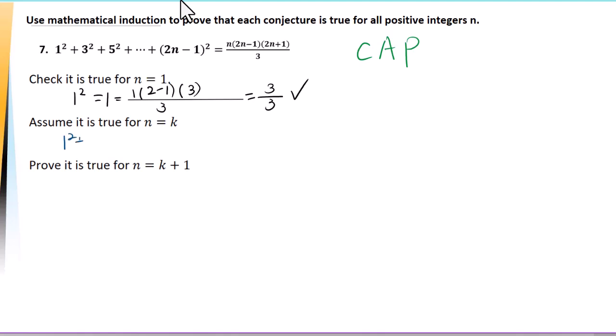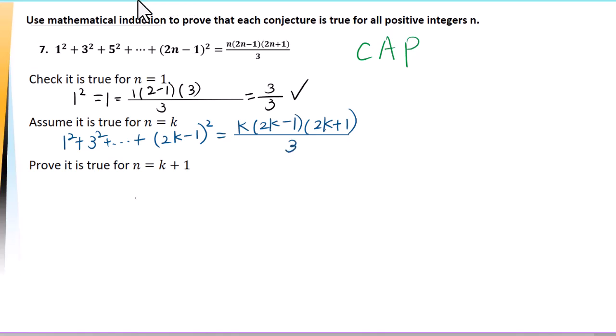1 squared plus 3 squared plus ... plus 2k minus 1 squared. Just change every single n into k. Equals k times 2k minus 1 times 2k plus 1 all over 3.